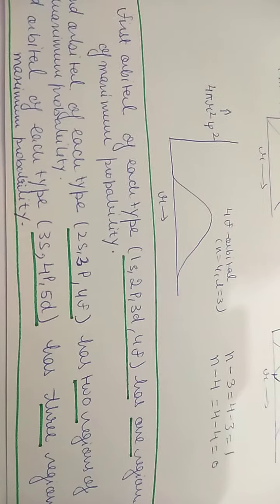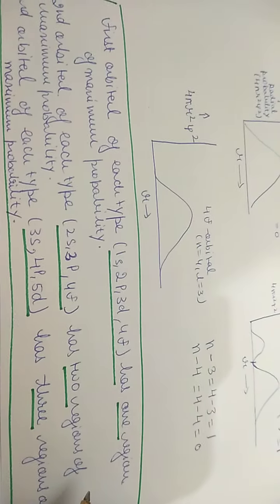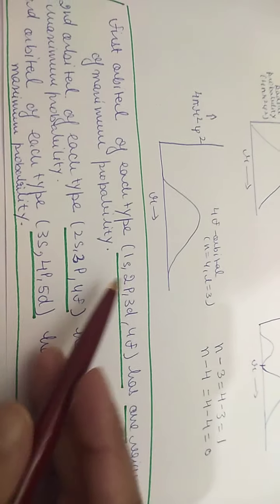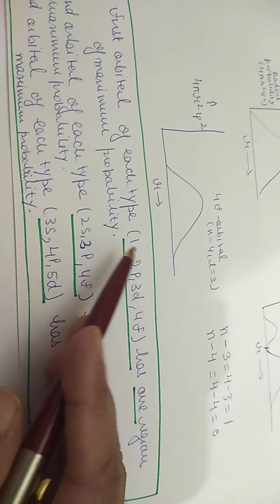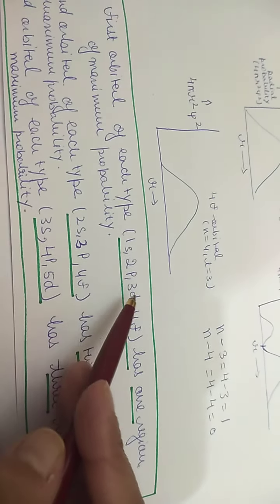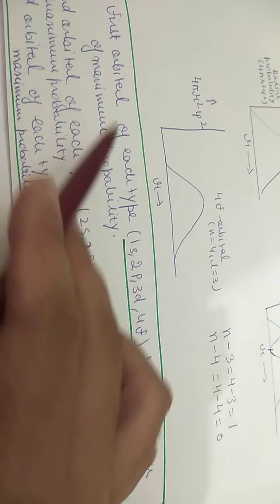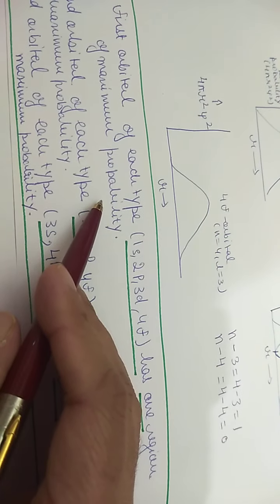This is the easy way to memorize it. The first orbital of each type, that is the first orbital of each shell, when n is equal to 1 is 1s. Similarly, 2p, 3d and 4f. The first orbital of each type has one region of maximum probability.